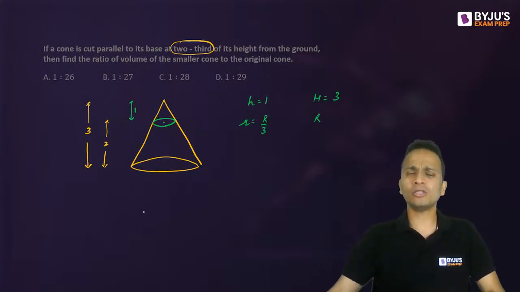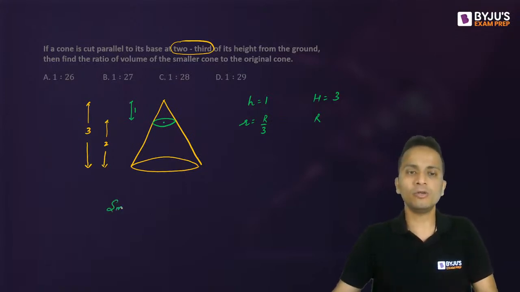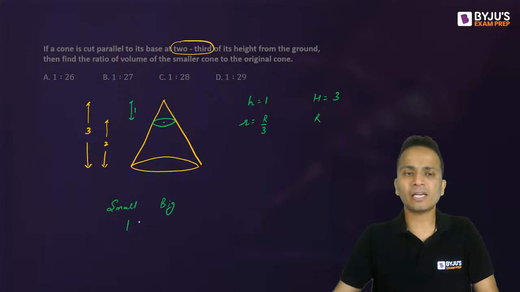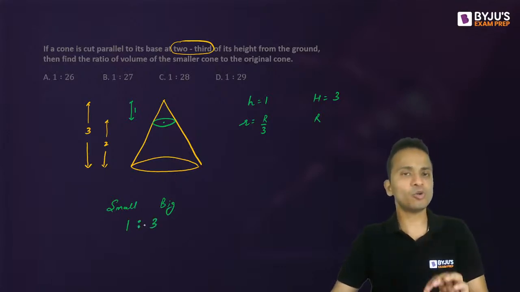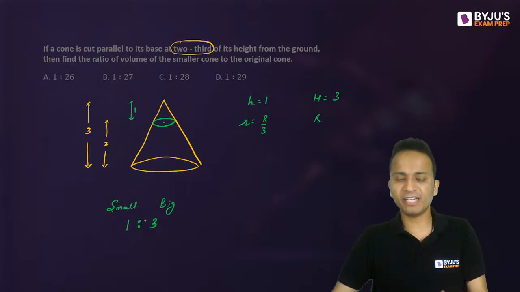So I can say that all the dimensions, all the lengths of these 2 cones are in the ratio 1 is to 3. The ratio of the lengths, that is the height or the radius or the slant height, will be 1 is to 3.